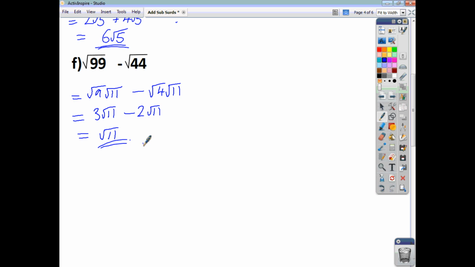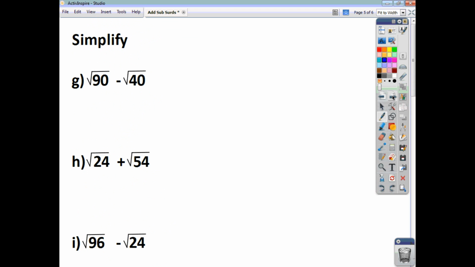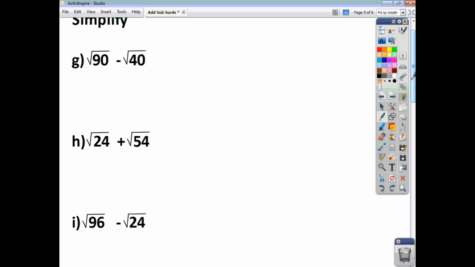Okay, so root 11 is your final answer. Okay, so have a go at these 3 questions yourselves. See how you get on. Simplify each surd first of all, and then do your addition or your subtraction. Pause the video and then check back and see how you got on.